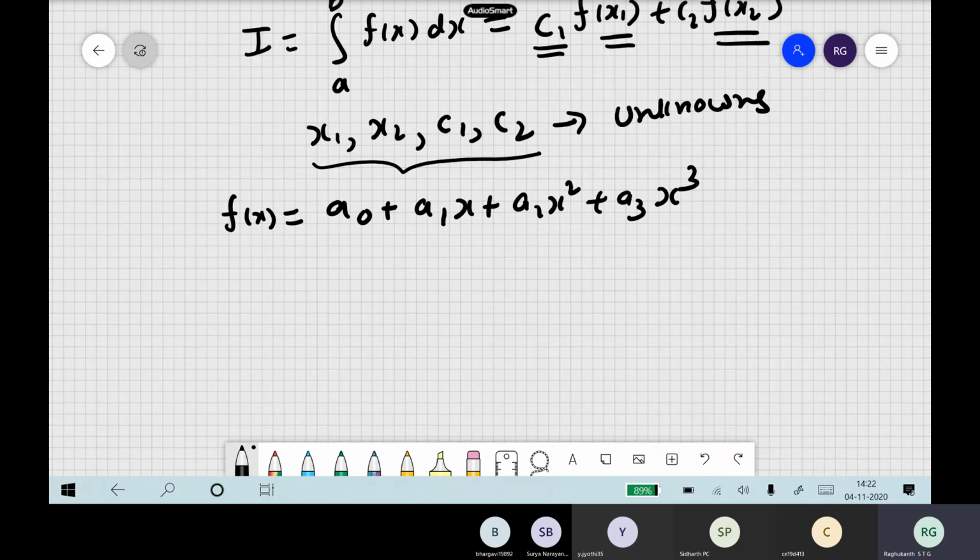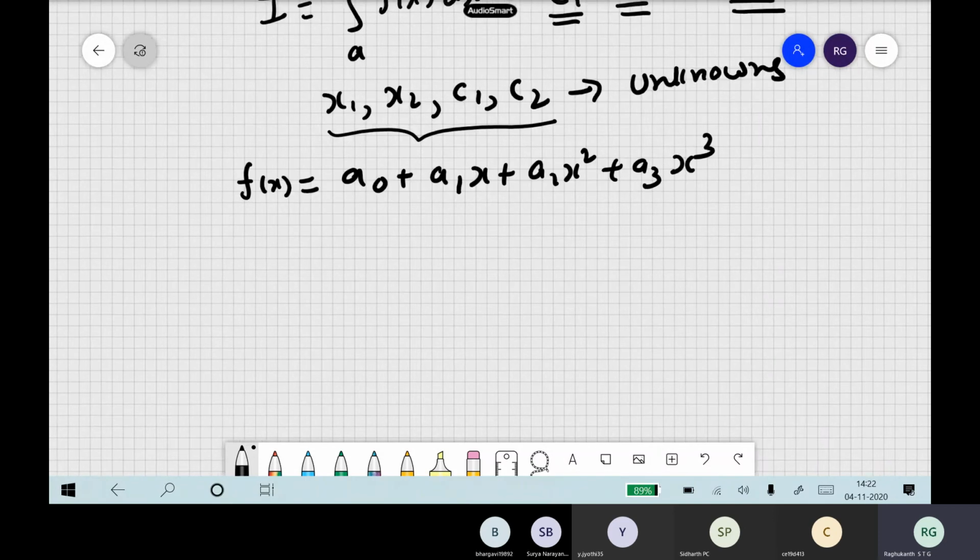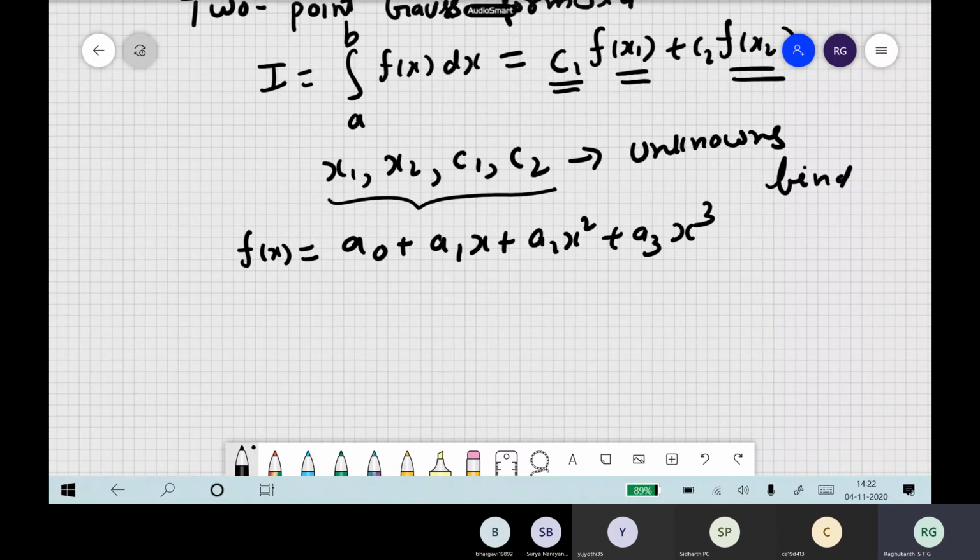So we have to find x1, x2, c1 and c2 such that this integral gives the exact value for a cubic polynomial.